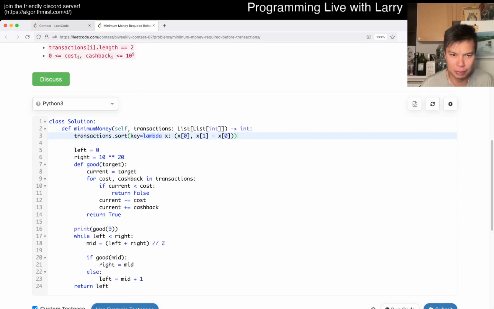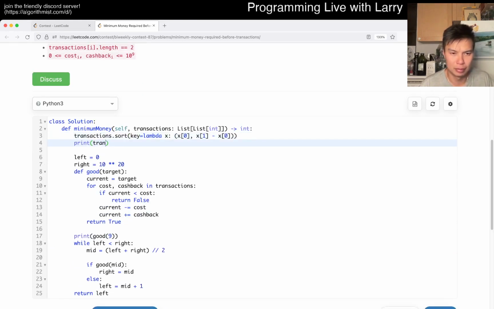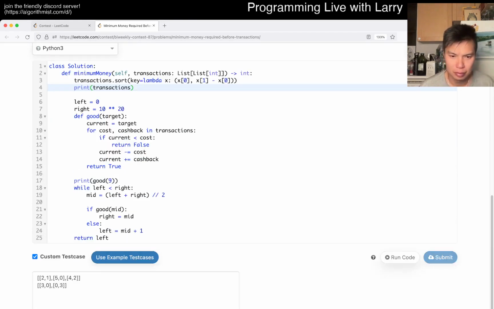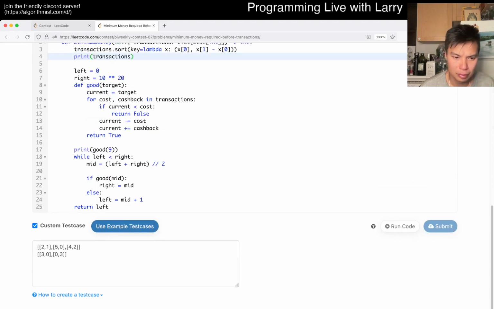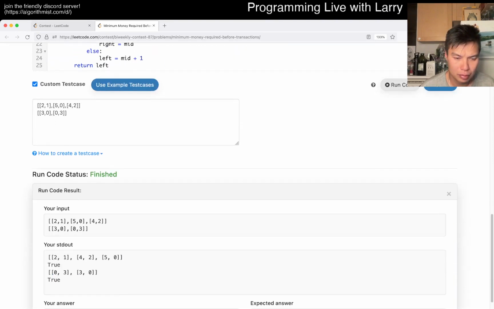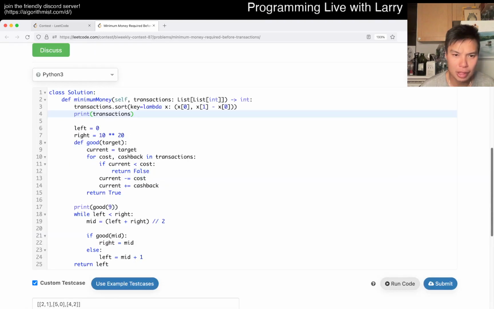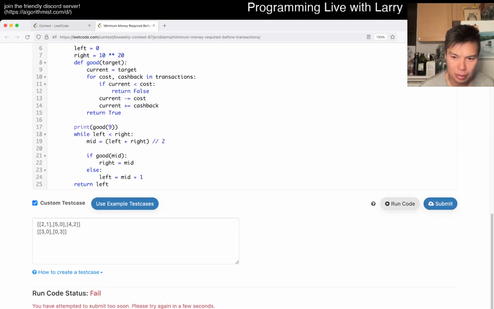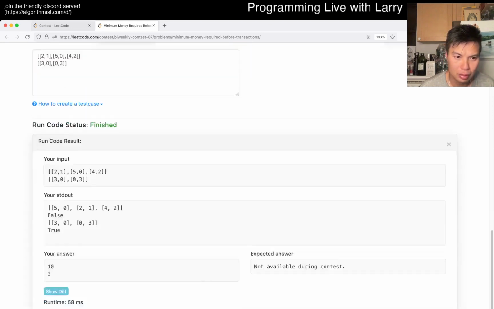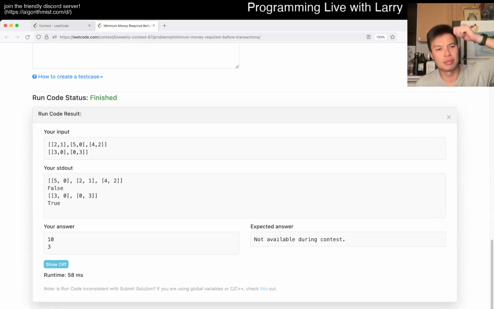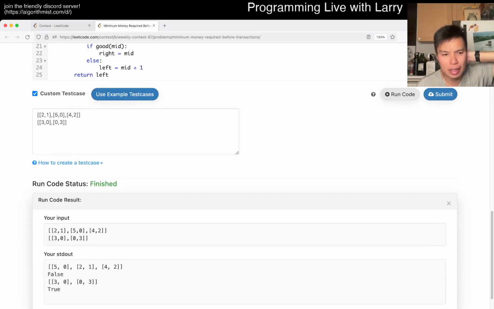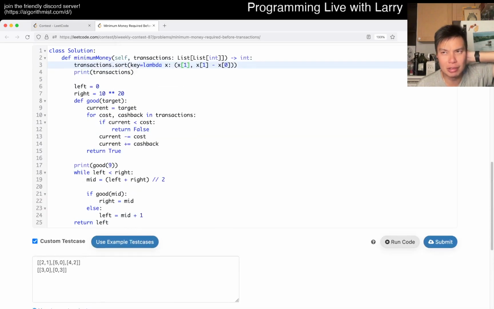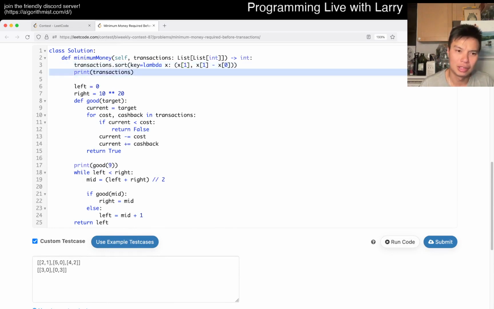Why did I get rid of the print? Oh, did I just have a typo? I think I have a typo. Whoops. Is that good enough? I mean, it may be right. I just don't know the proof. Is the proof YOLO?